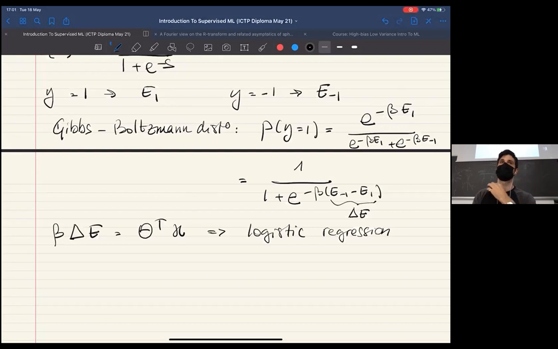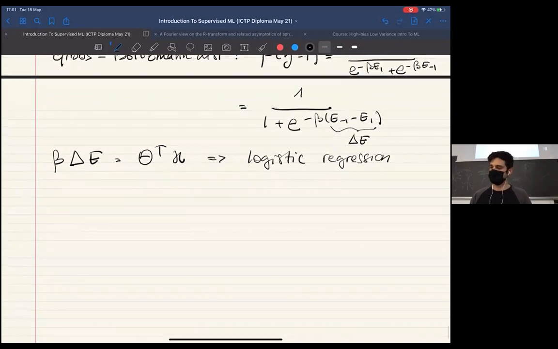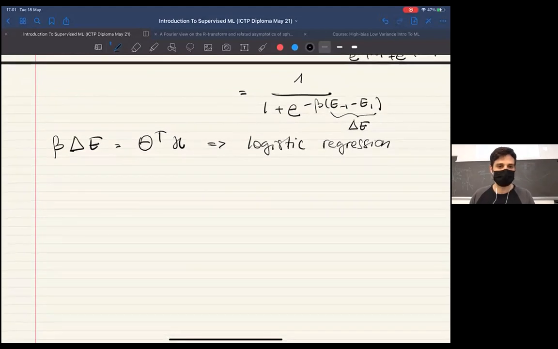It's clear? So in physics terms, we have a Hamiltonian linear in the features, and we are studying the statistical mechanics of this system which has two states and a Hamiltonian linear in the features.